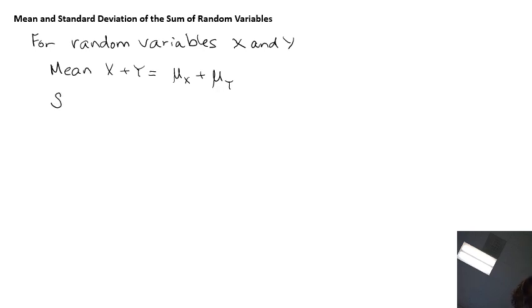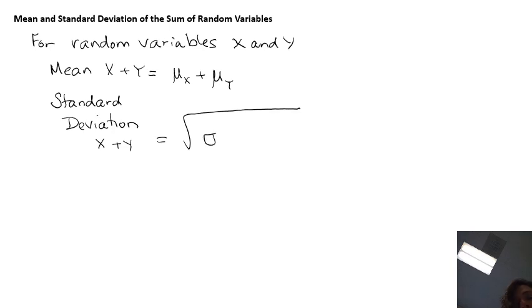The standard deviation of x plus y is the square root of the standard deviation of x squared plus the standard deviation of y squared. We can note this as the mean of x plus y and this as the standard deviation of x plus y, using subscripts to denote the new values that we found.